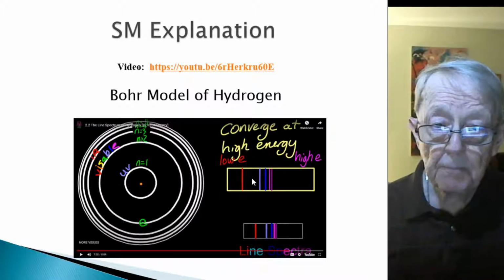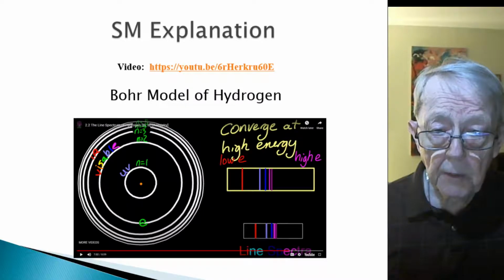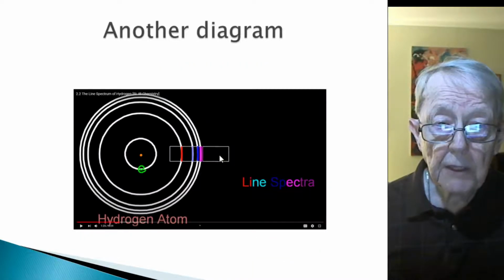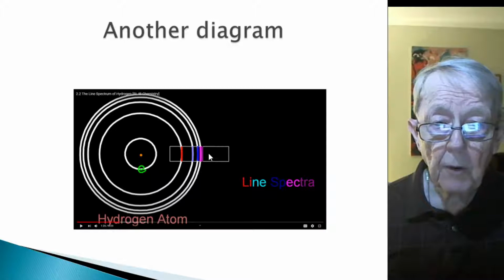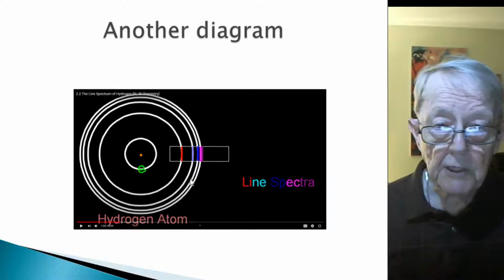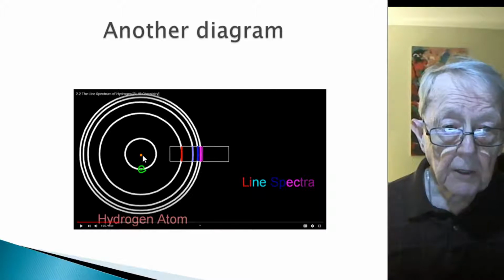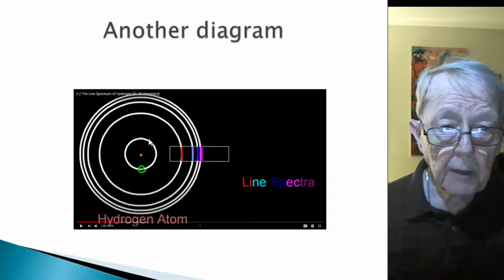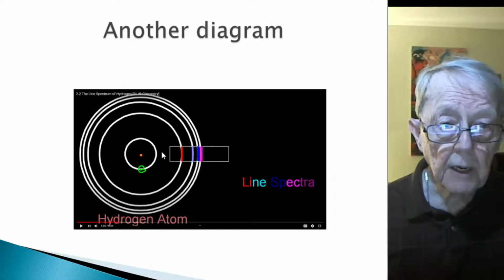spectral lines. So what they did was they took the same spectral line, they flipped it over from the previous slide. Now the red is here, and then the blue-green, blue-violet, and violet. This is what it should be saying. And here's the hydrogen atom, and here's the nucleus, and here's the electron orbiting.